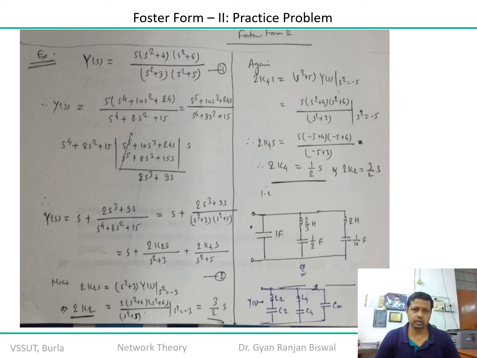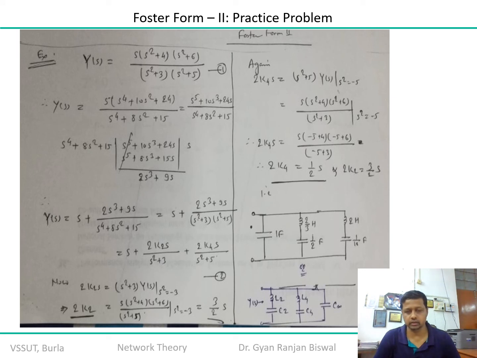And the rest of the two networks you can find out by substituting the values of L2 and C2. Your C2 is equal to 2K2 upon omega 2 square, and L2 is equal to 1 upon 2K2, L4 is equal to 1 upon 2K4, and C4 is equal to 2K4 upon omega 4 square.